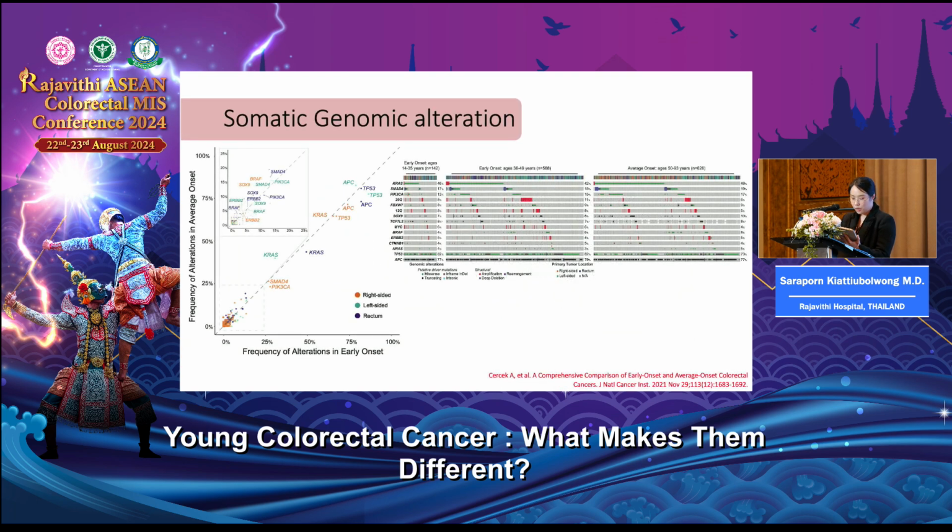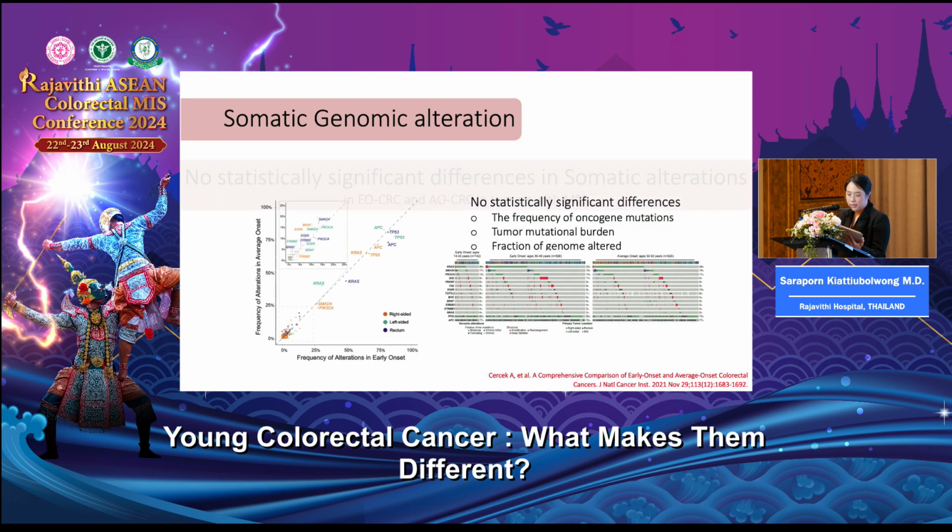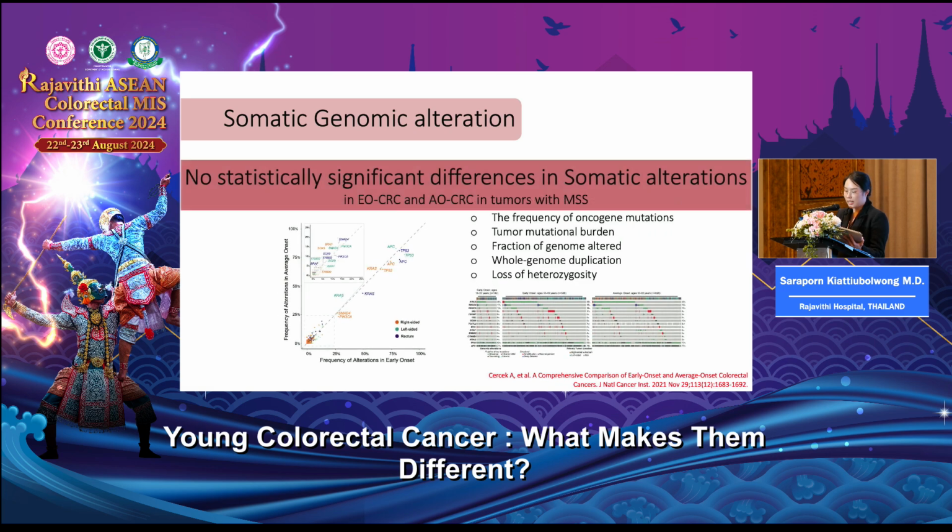So we should focus on the sporadic tumors. We want to find the difference between the average onset and the early onset. This paper ran an oncoprint that they thought might help to find the answer, but it turned out that they didn't find any sporadic genomic alteration.